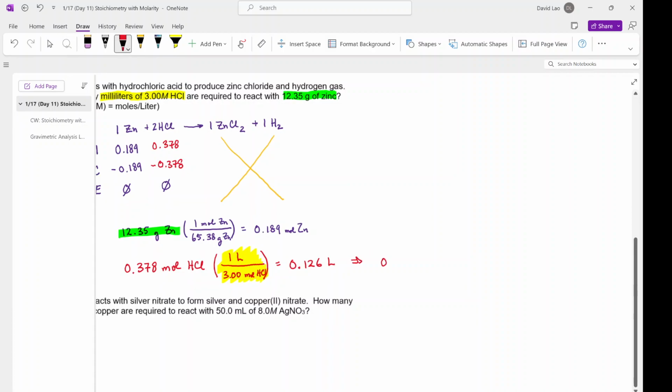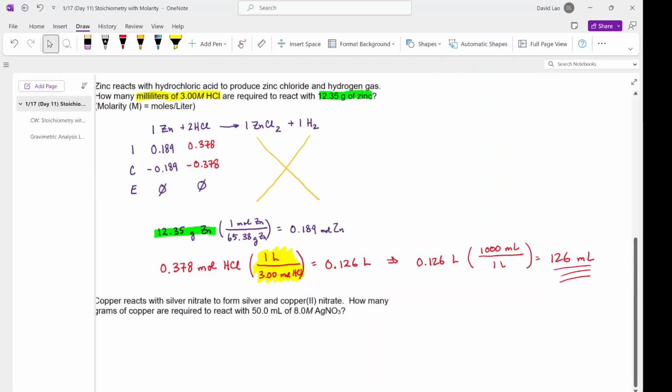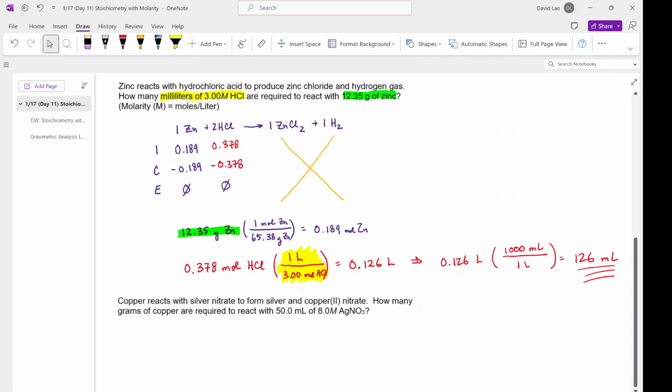We multiply 0.126 liters by 1,000 milliliters per 1 liter, and this is equal to 126 milliliters. This is our final answer. In order to react this 12.35 gram pile of zinc, you would need to pour on 126 milliliters of this 3 molar solution of HCl.